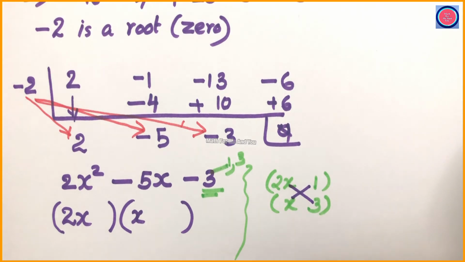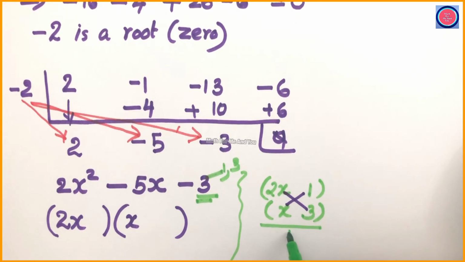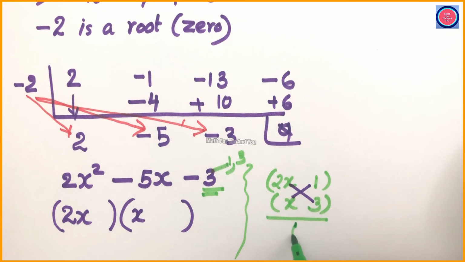Okay, here now we cross multiply. 2x times 3 is 6x, x times 1 is 1x. How could we get minus 5x? If we keep negative with the large number 6, then we get negative 6x, and 1x becomes negative 5x. That means if we change 3 as negative 3 and 1 as plus 1, we get the result negative 5x.